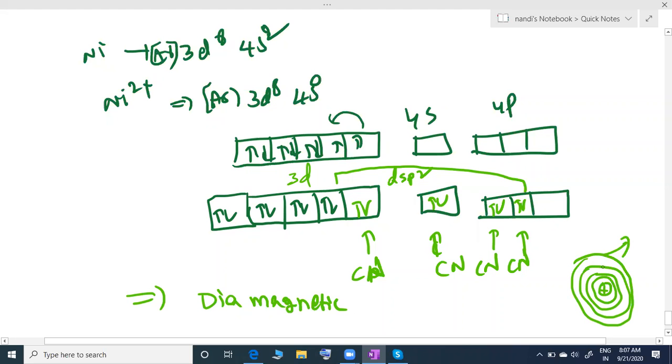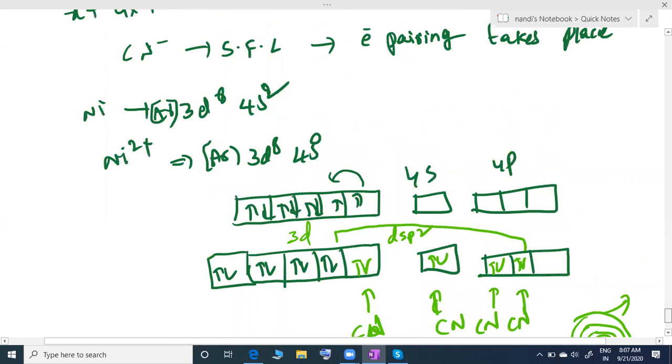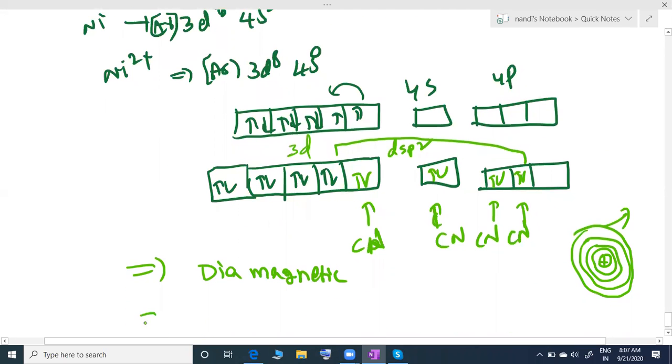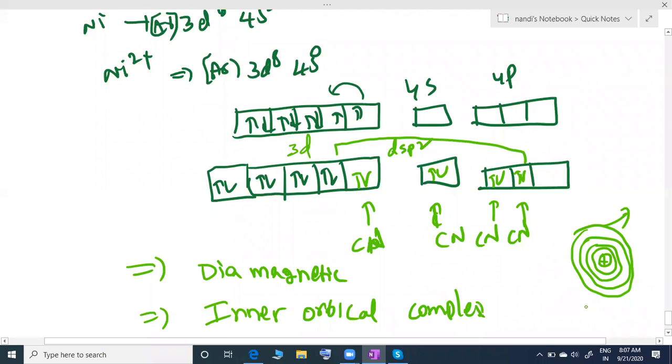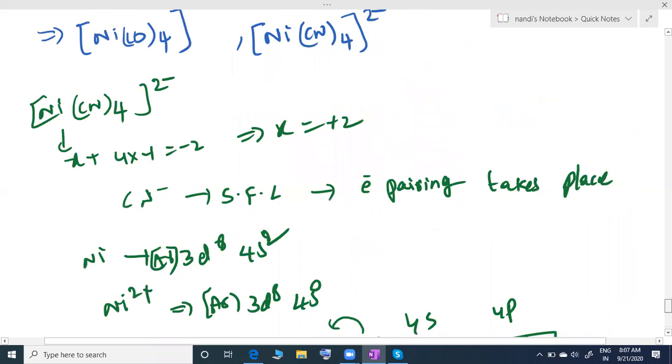If inner orbitals also participate, it is an inner orbital complex. So dsp2 here means inner orbital complex. Magnetic moment we can say is 0, no need to calculate it.